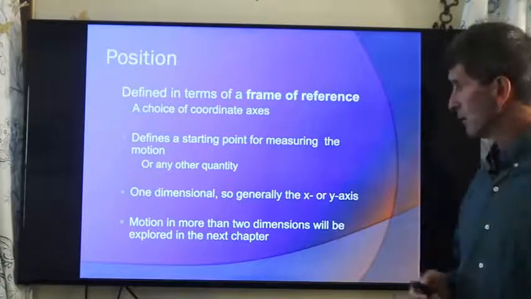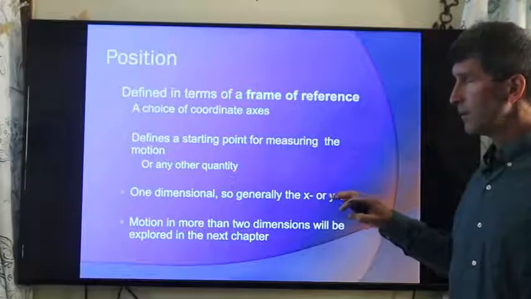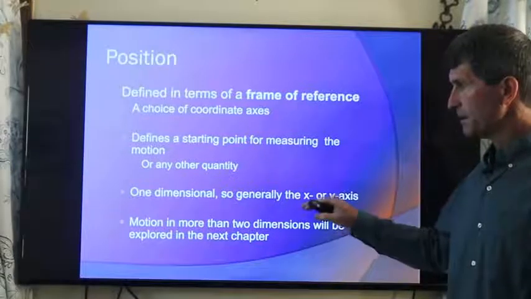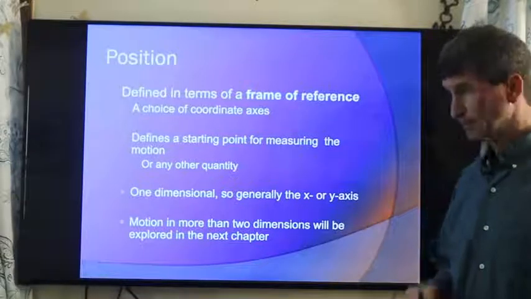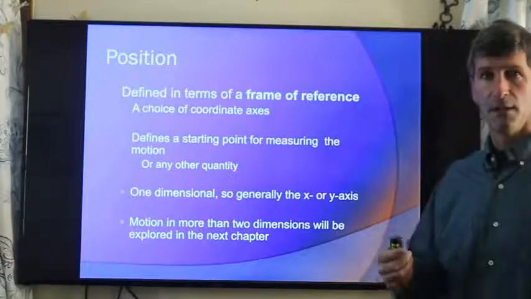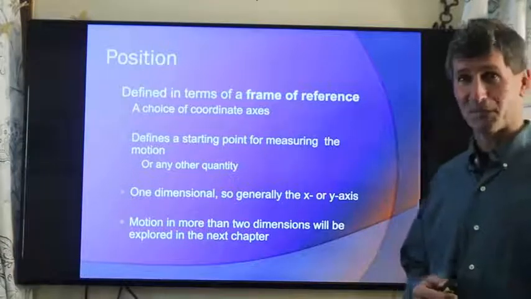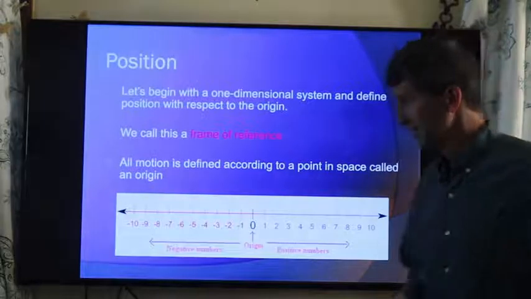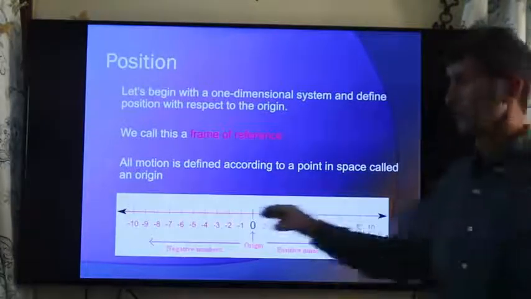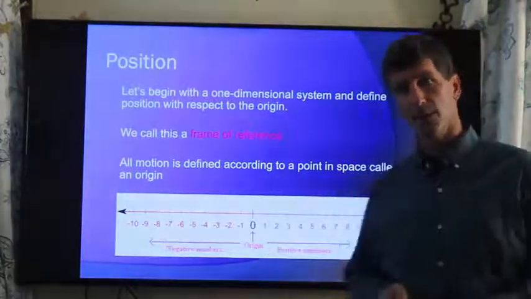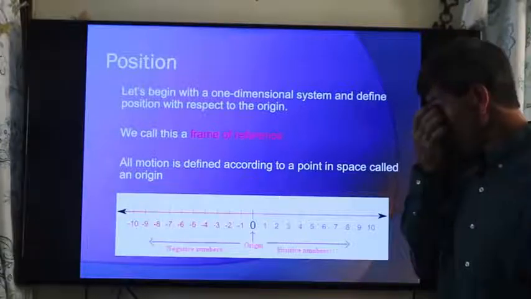polar coordinates. When we do this chapter, we're typically just sticking to one dimension. So in this case, our coordinate system looks more like a number line. And again, one-dimensional motion, we are restricted, so we can only move along one direction.